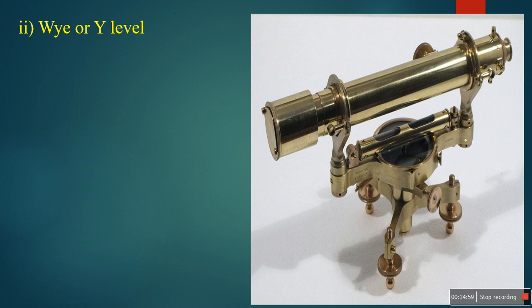It is called a Y level because the telescope is attached on a Y-shaped stand. This is the Y-shaped stand, and the telescope is attached on it. This is called a Y level.